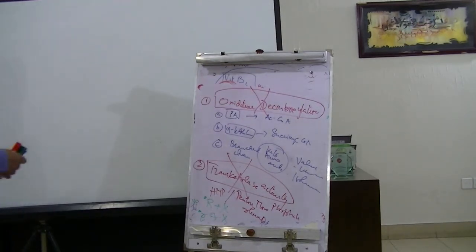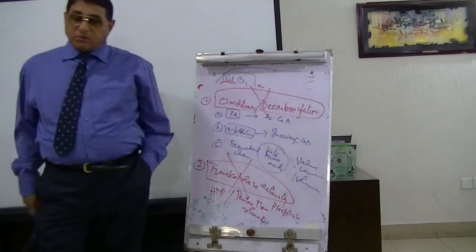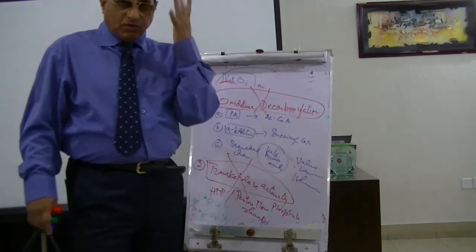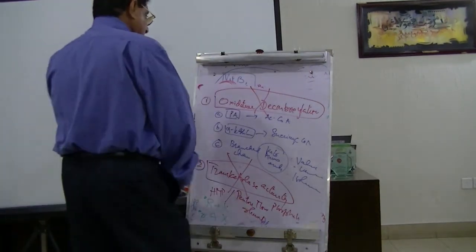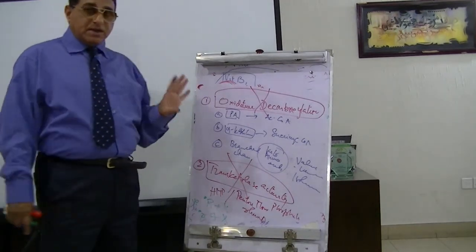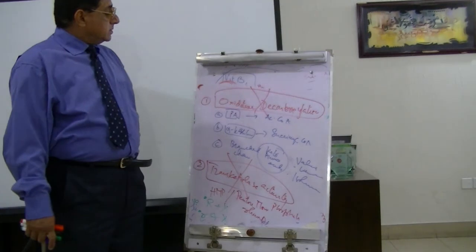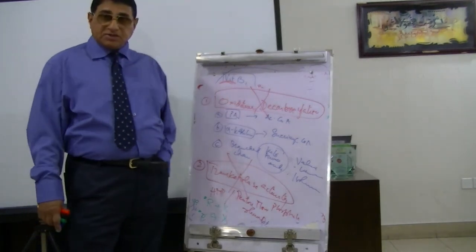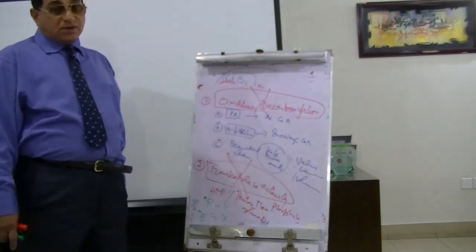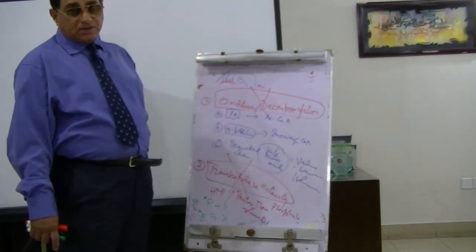And B1 being so important, remember, the conversion of pyruvate to acetyl-CoA is the only reaction in the body which needs 4 vitamins. One is thiamine, then coenzyme A, vitamin B5, riboflavin, FADH2, that is vitamin B2, and NAD, that is vitamin B3.